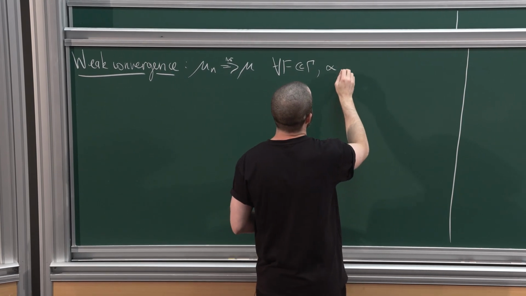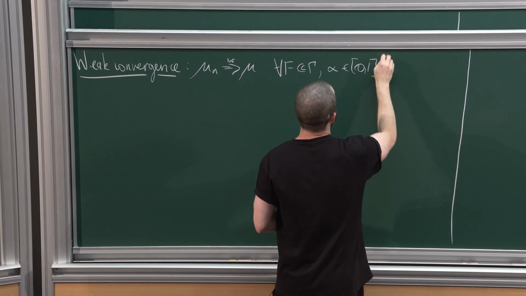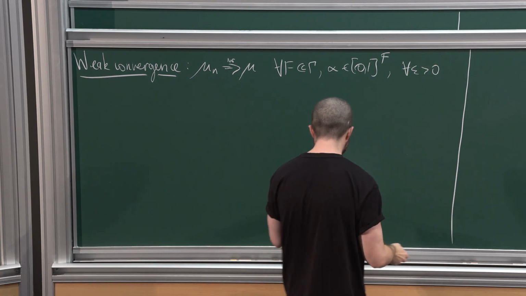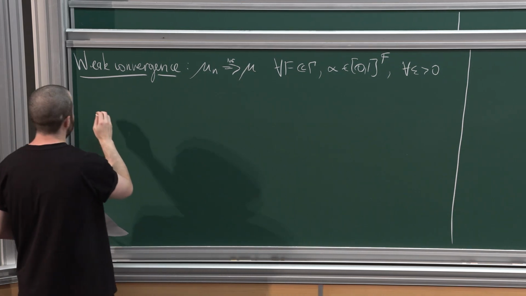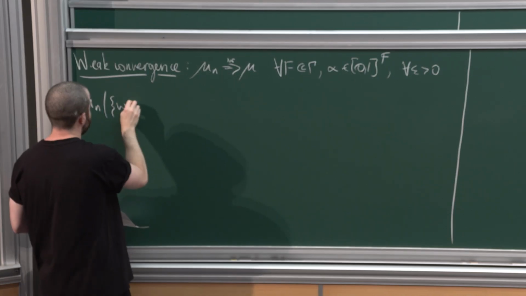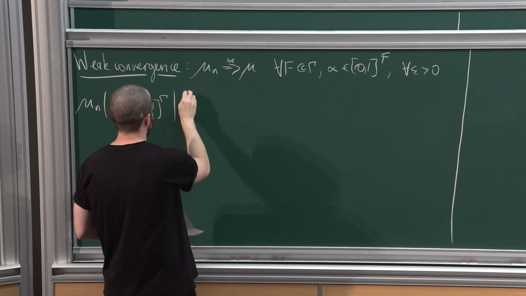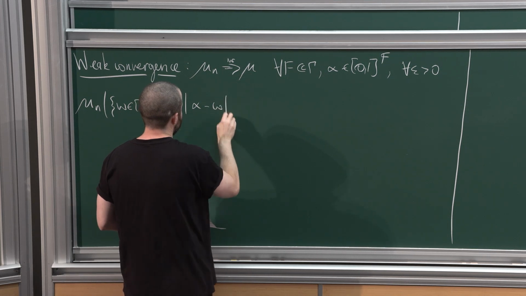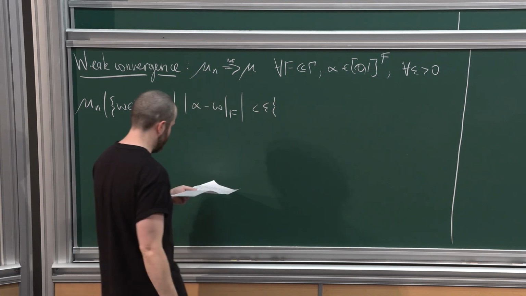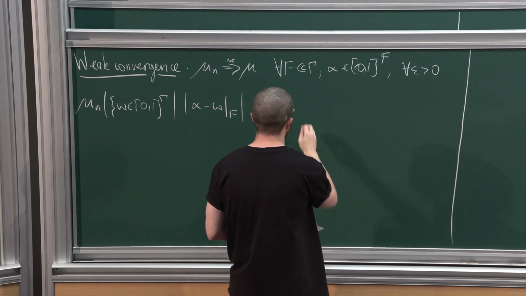And for all finitary configurations alpha in {0,1}^F, and for all epsilon greater than 0, this is some kind of tolerance parameter, the statement is that the measure of the set of configurations such that you're epsilon close to this alpha inside of this window should converge as n tends to infinity to that of the limit.